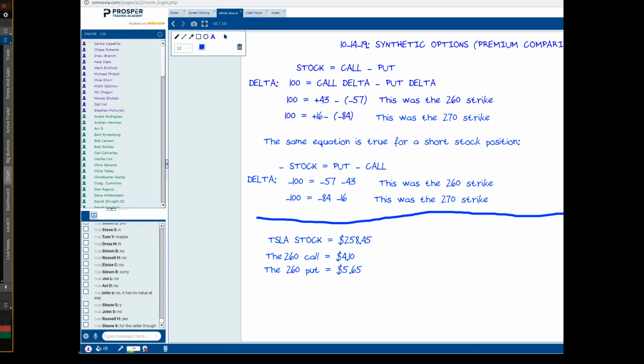No, Shane, the 260 call is out of the money. Whether you're the buyer or the seller, the 260 call at expiration with the stock right here at 258.45 is worthless. Right? Does everybody understand that?